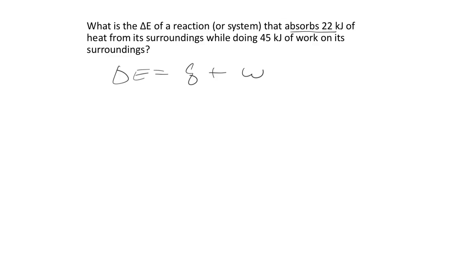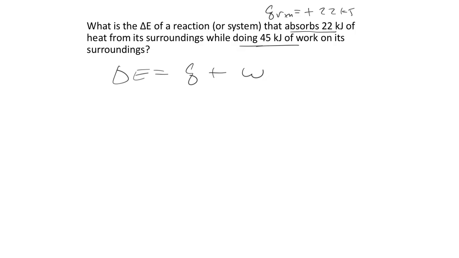Does that mean my Q reaction is plus 22 or minus 22? So the Q of the reaction, Q of the system is positive. So absorbing is positive, releasing is negative. And so it absorbs 22 kilojoules of heat, and then it does 45 kilojoules of work on the surroundings. Doing work on the surroundings is that positive or negative? That's negative.